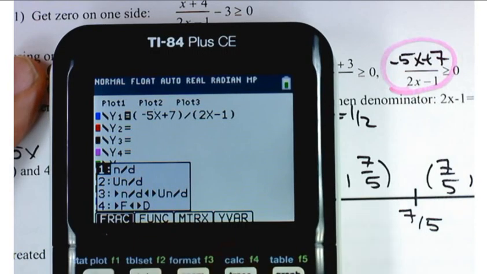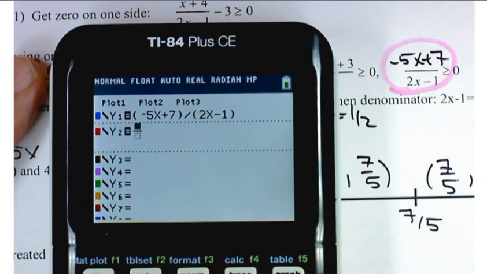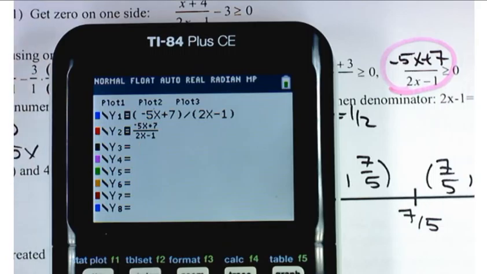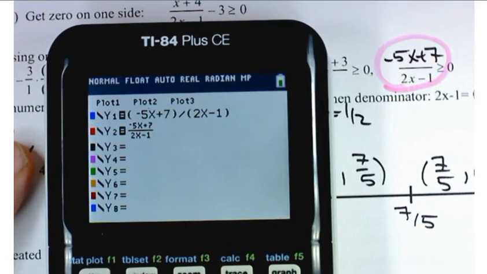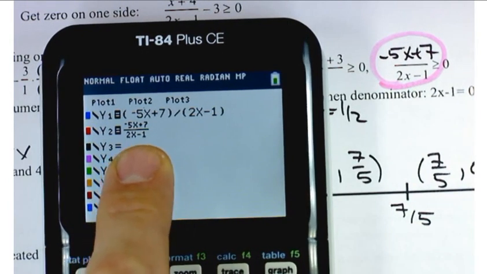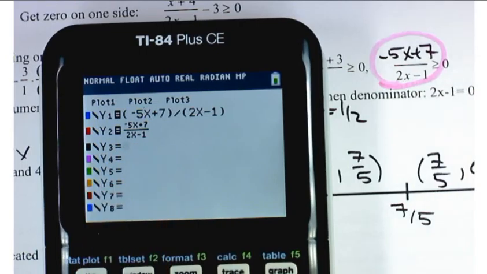The first option there gives you the ability to write a fraction. So negative 5x plus 7 over 2x minus 1. So it's up to you which one you prefer. I think this gives you a little bit less chance to make a mistake. Again, that assumes your calculator is up to date. If you've got an 84, you can update the operating system. If you have an 83, it's too old.